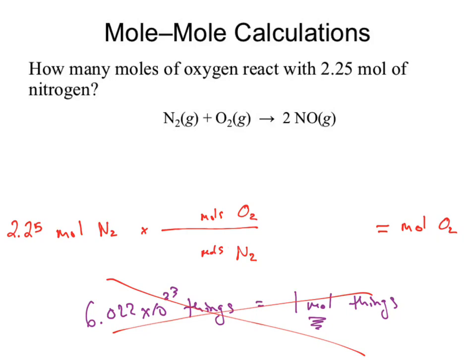From the chemical equation. Do we have a chemical equation that relates nitrogen to oxygen? Yes. Is that chemical equation balanced? What are the numbers associated with oxygen and nitrogen? 2. Well, nitrogen. That would be the coefficient in front.